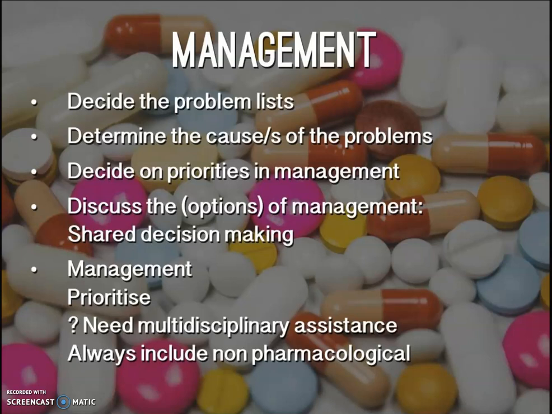For example, poor compliance, not following the dietary restriction, or number 3, inadequate dosing of anti-diabetic medications, lack of exercise. So these are the causes that contribute to the current problem of uncontrolled diabetes.